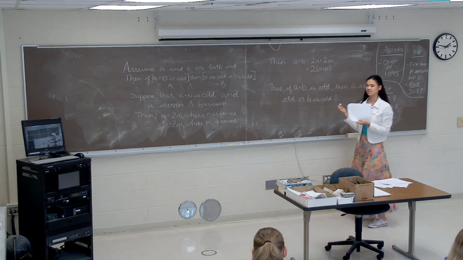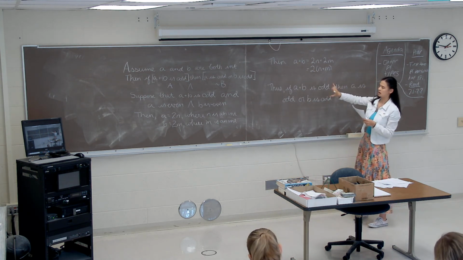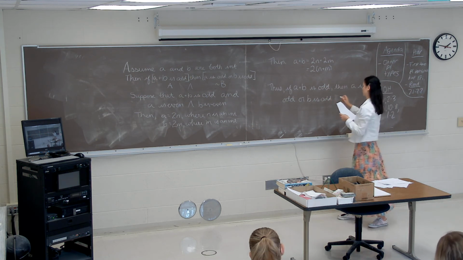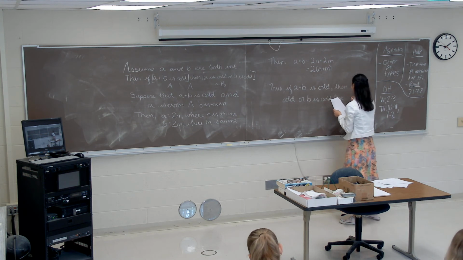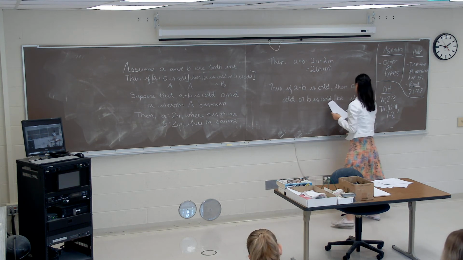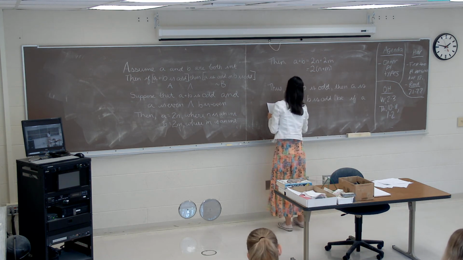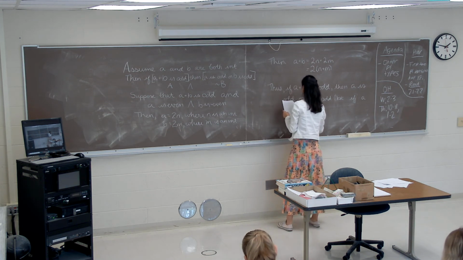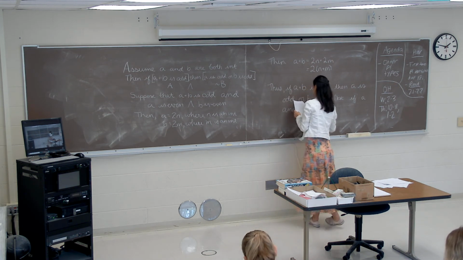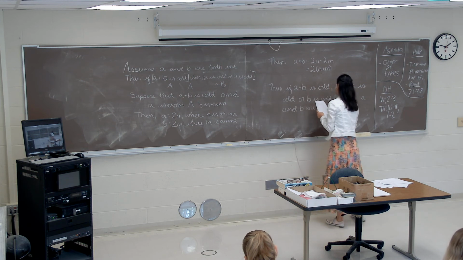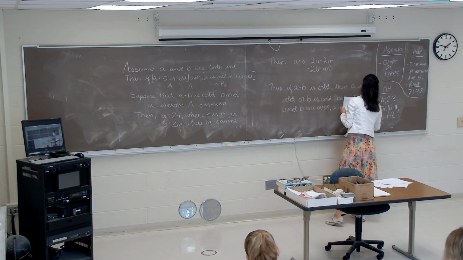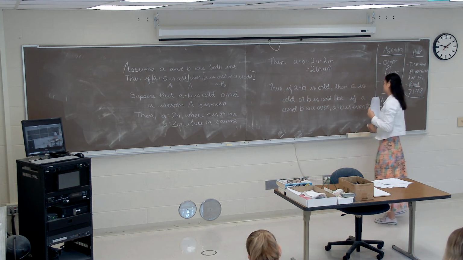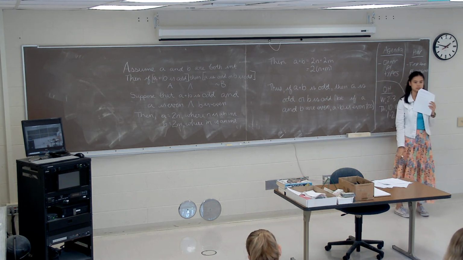And then as a reminder of how the proof by contradiction worked, I just added in parentheses, but this was because if A and B are even, A plus B is even too. Are there any questions?